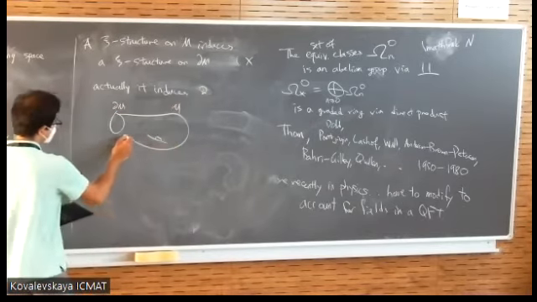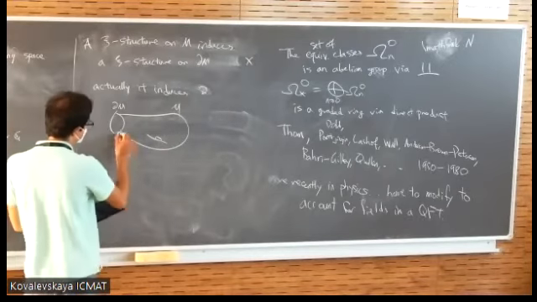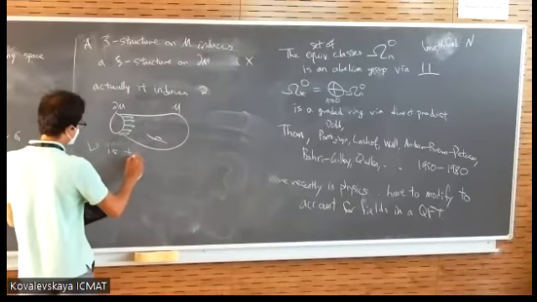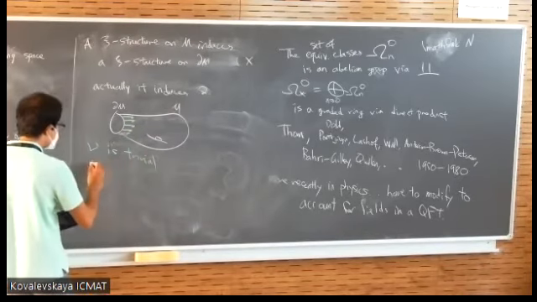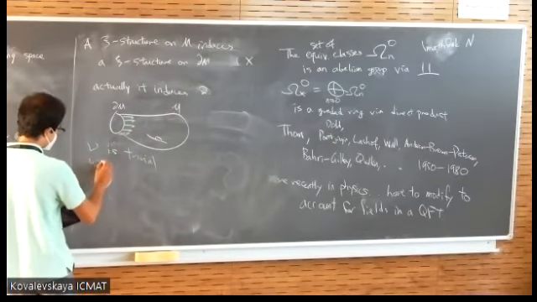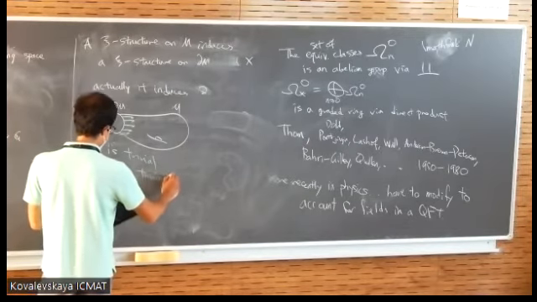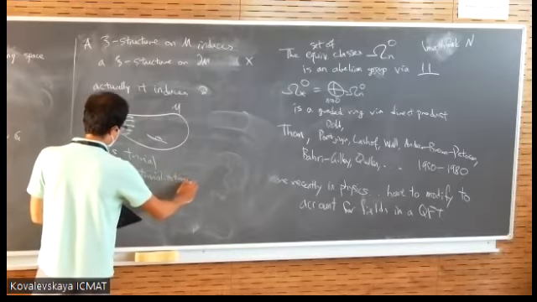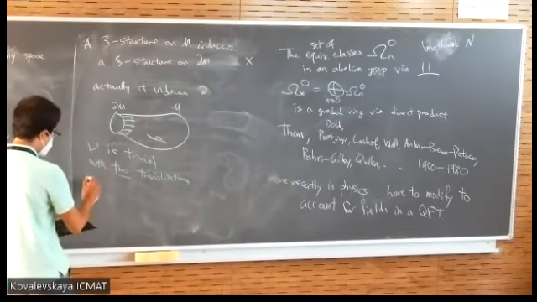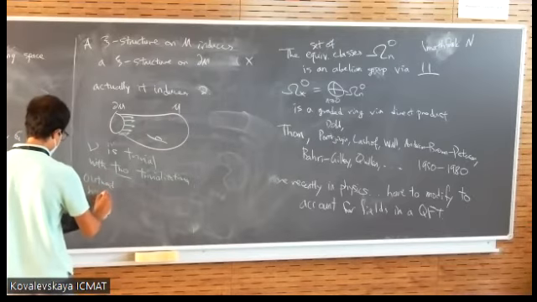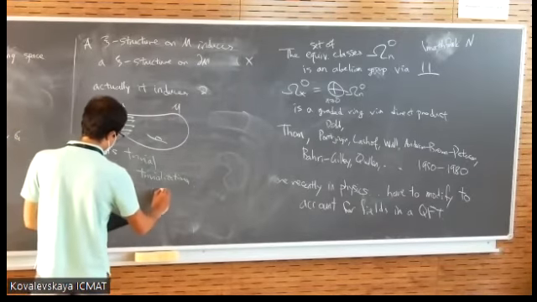Here's the bulk. So we know that the normal bundle is trivial with two trivializations. You can use the outward normal vector field, or you can use the inward one.